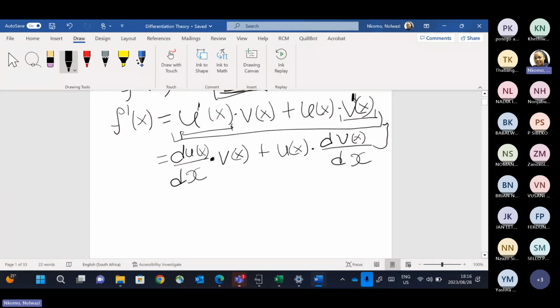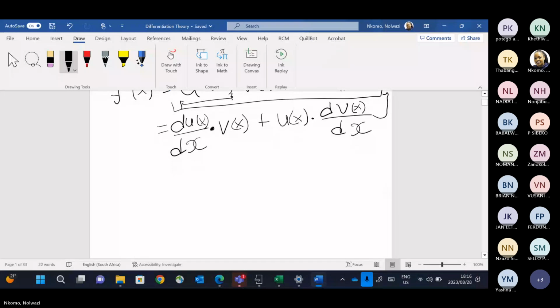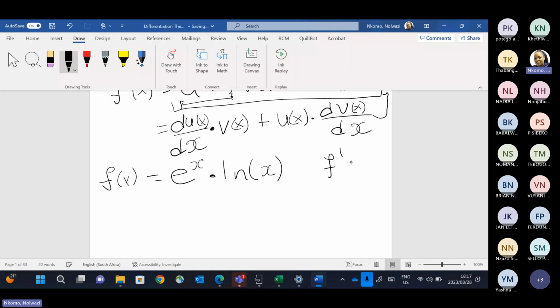Let's do one example here. Suppose we are given f at x equals e to the power x times ln x, and we are asked to find f prime at x.